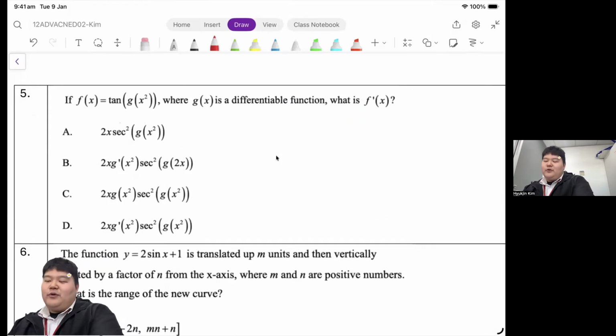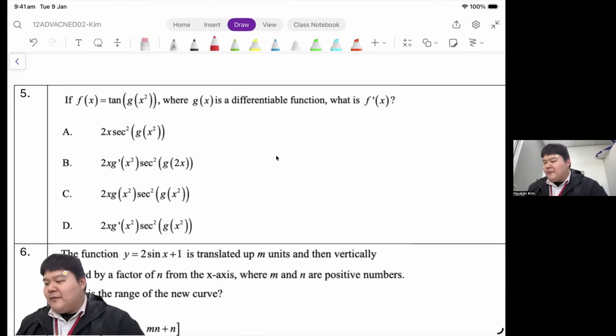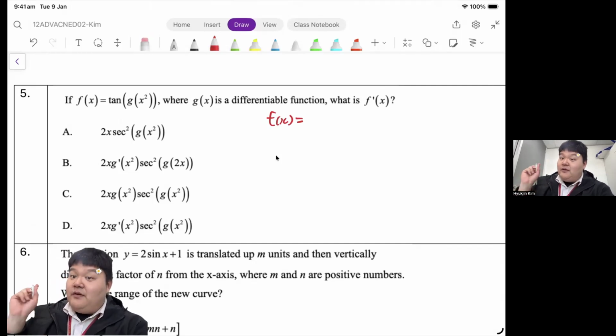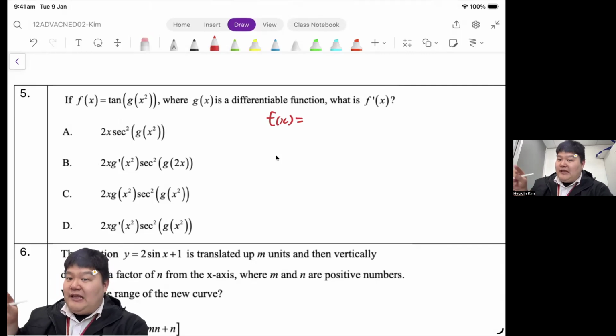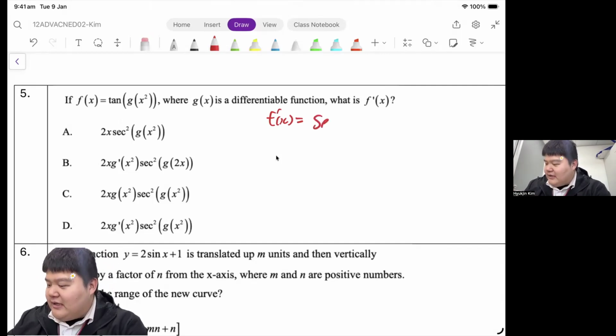And g of x squared, where g is a differentiable function. What is f dash of x? This is actually a bit of an okay one. Because if you think about it, if I have f of x equals a function within a function within a function, all you really have to do is take the derivative of the outside first and then multiply by the derivative of the inside. So now, derivative of the outside, the tan just turns into sec squared, and then you just leave the g of x squared.